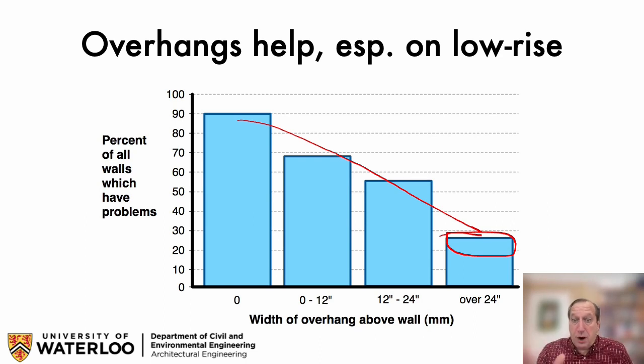That could be partly because those overhangs still had balconies that projected out 5 or 6 feet that collected water and brought problems in. There were also other related problems with the buildings, such as air leakage, condensation, and movement, cracking, and so on. So that's why you can't eliminate the rain problem even with over 24 inches.